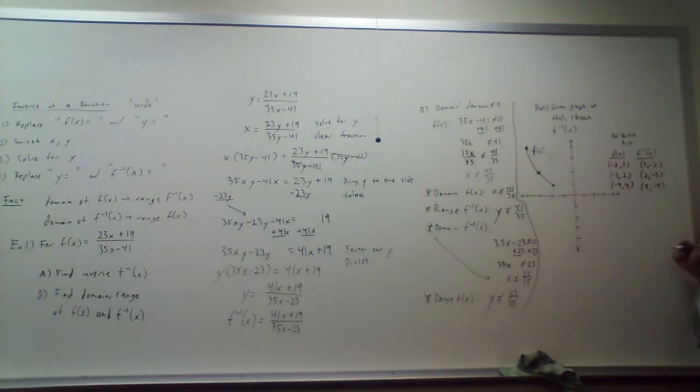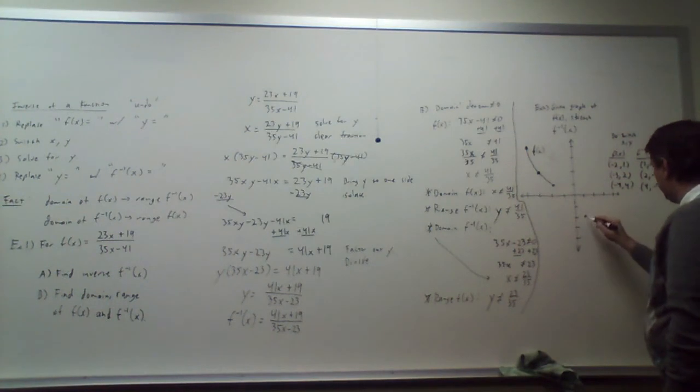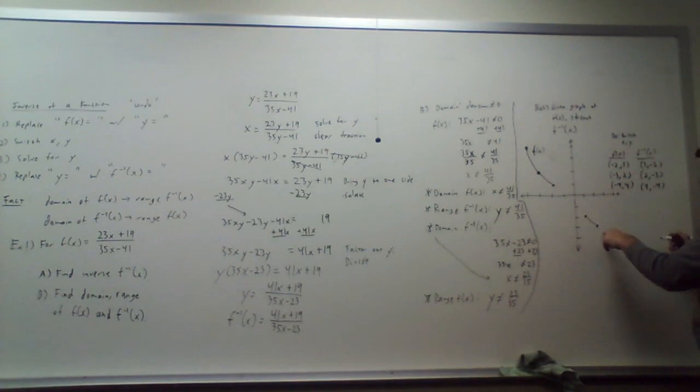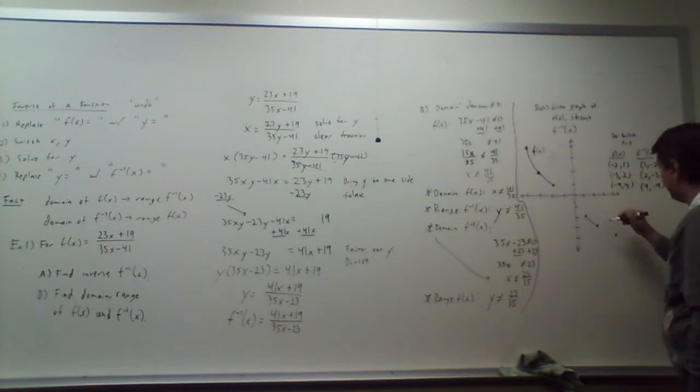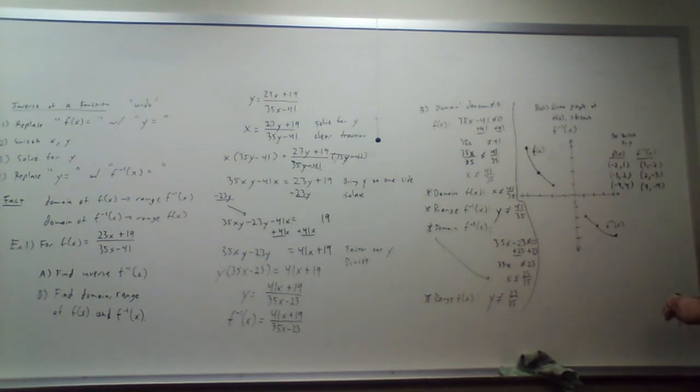Switch, switch. Okay, so (1, -2), (2, -3), and (4, -4). These two are connected with a line segment, and this was connected with a curve. That's f inverse of x. Okay, I'm done.